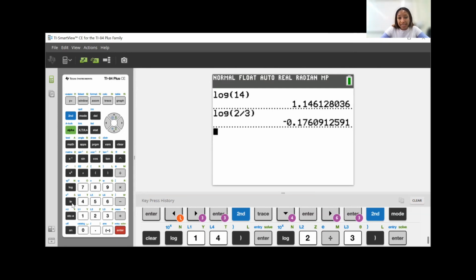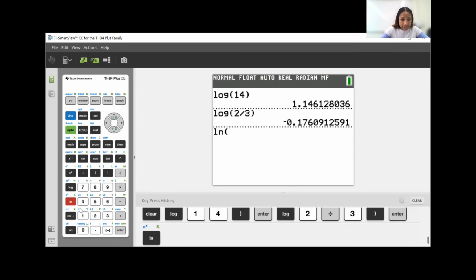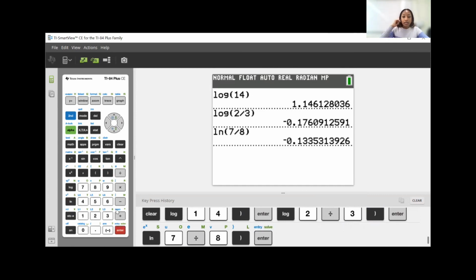The ln button is next to the 4. So we'll press ln of 7/8. And enter. That gives us negative 0.134. And last one, ln of 86.